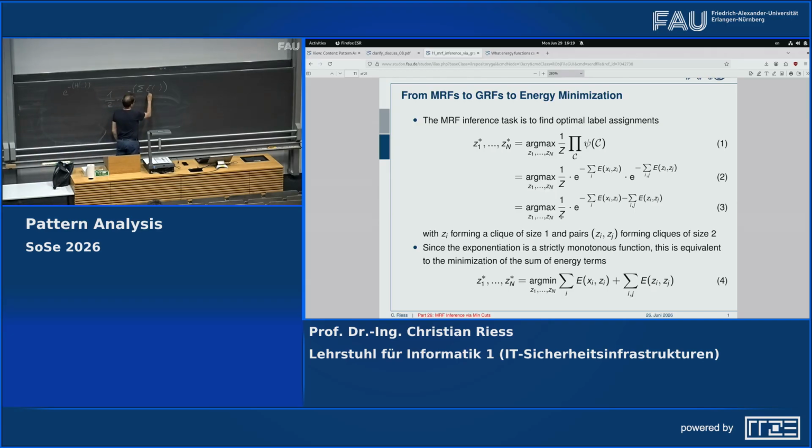These energy terms are evaluated for one particular assignment of labels to the hidden variables. So if we say, for example, we want to denoise an image, let's make a very simple image, just a circle with a uniform background, and the input is something noisy, and we want to get to the denoised image, then every pixel would be a hidden variable.